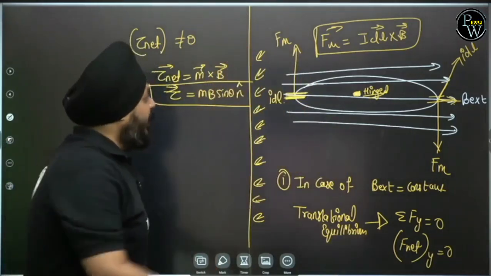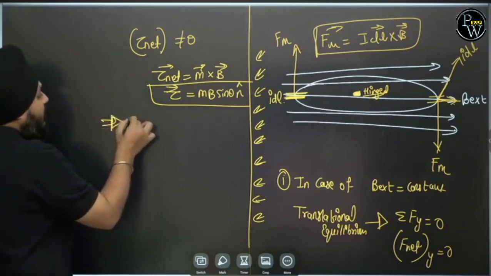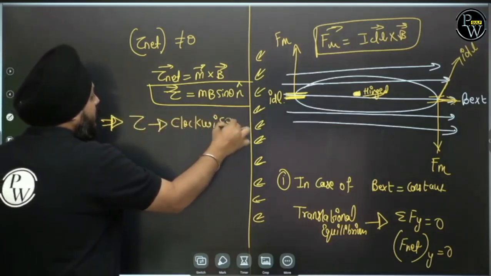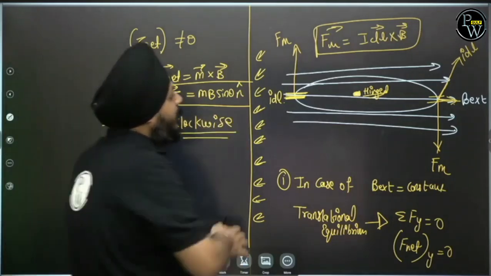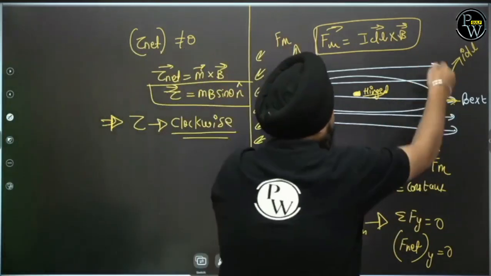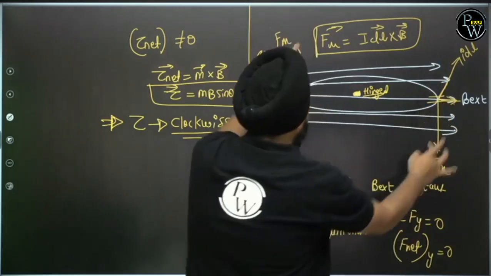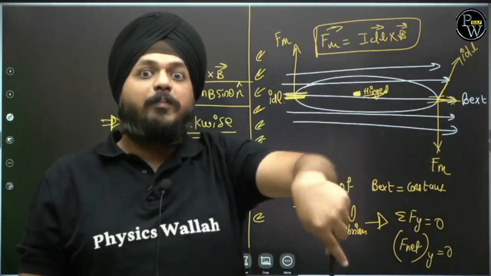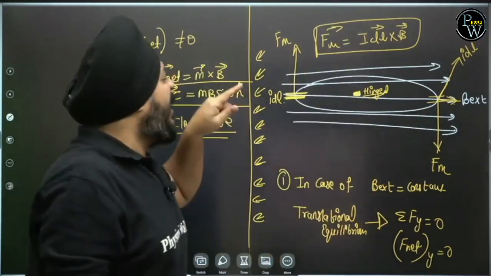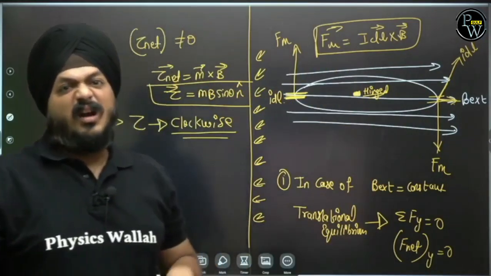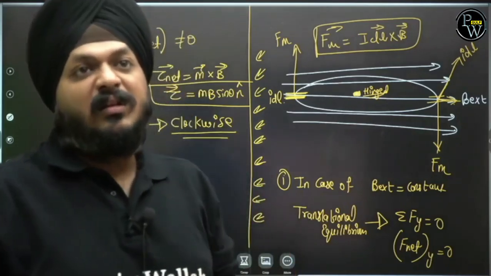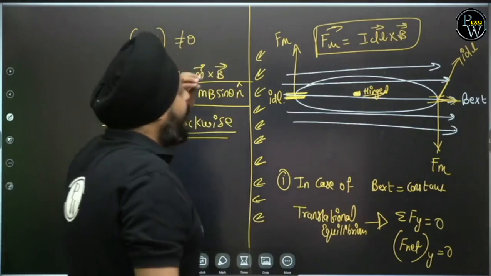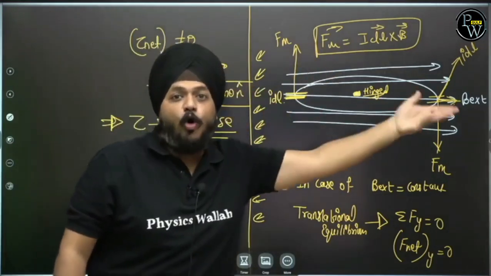Here the torque will be in the clockwise direction, so the loop rotates clockwise. I want to stop this rotation. I am hating this force, I want to stop that. So for that reason, I have given the task to an external force.